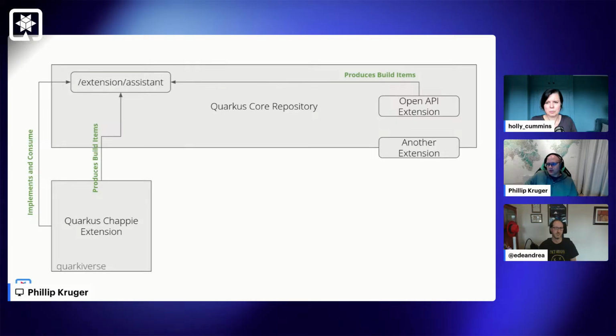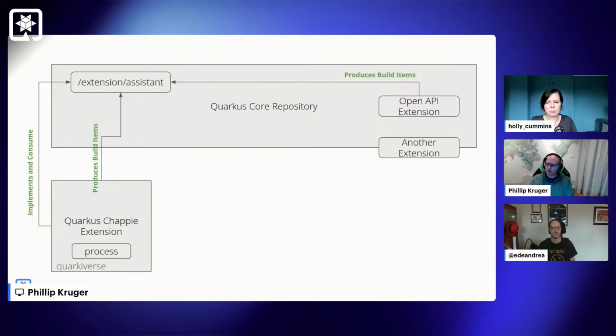Chappie itself produces some build items that it then also consumes because it has some built-in AI functions. When you add Chappie, you get those. So it comes from the Chappie extension. Now, if you are a user and you add Chappie to your classpath, we don't want to pull in LangChain4j because your application itself might use LangChain4j.